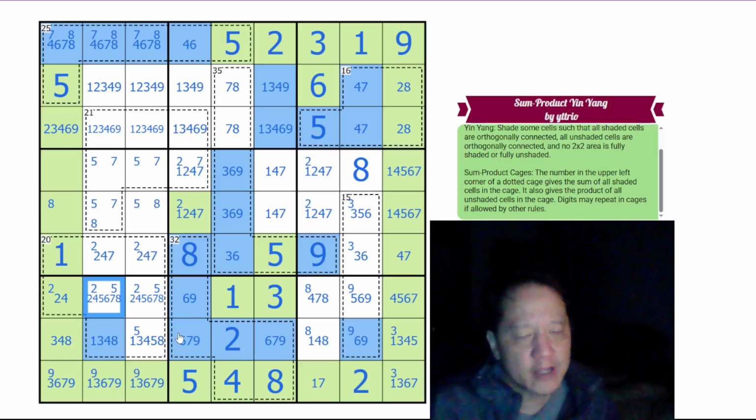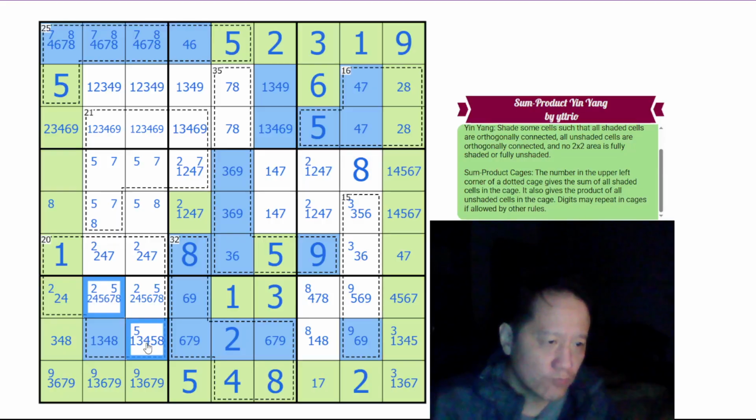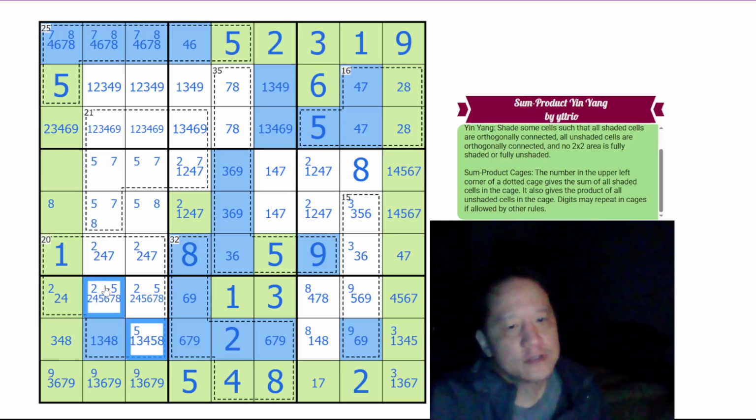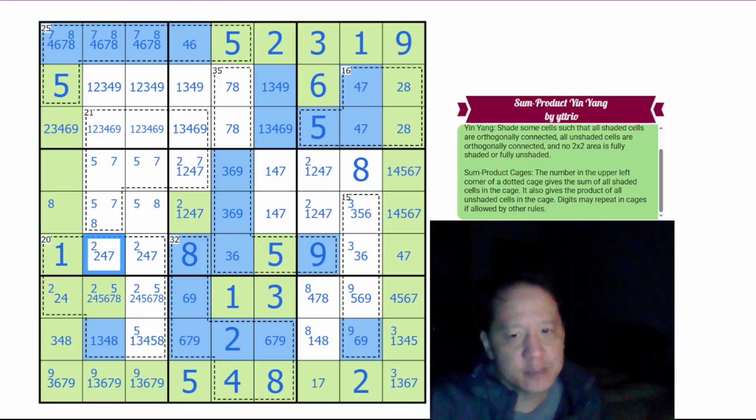Huh. Why can't this be green here then? You can't have green here and green here. So say this was green here. If this was green, this is guaranteed to be blue here. This would have to be blue to go out that way. And then this would have to be green because of the 2x2 box.